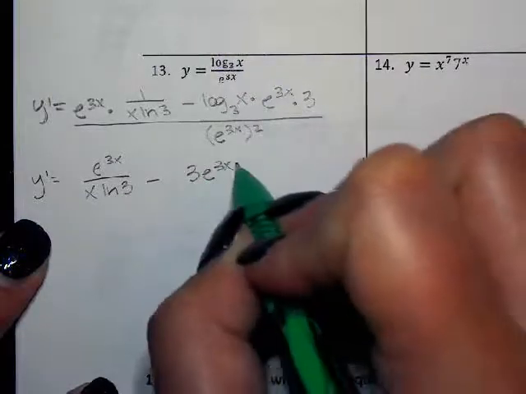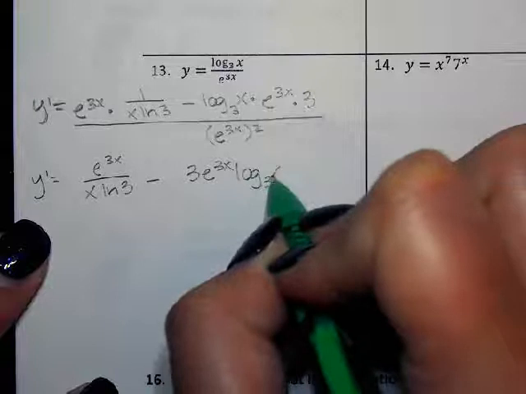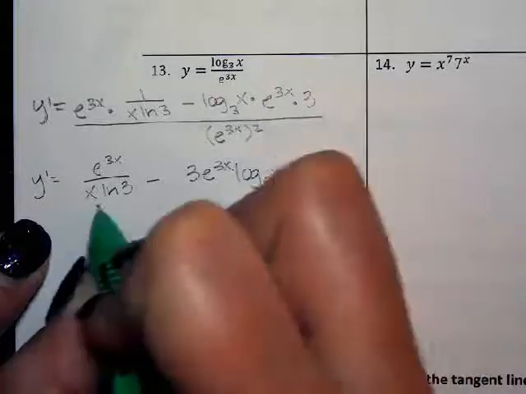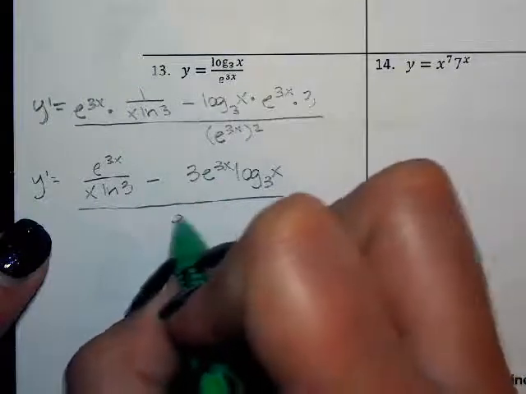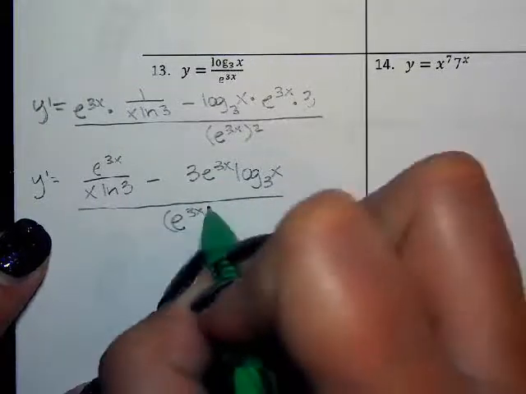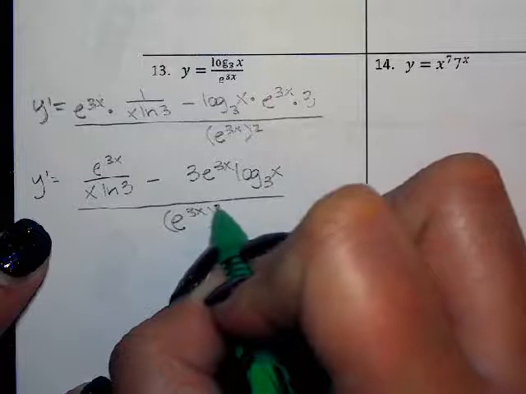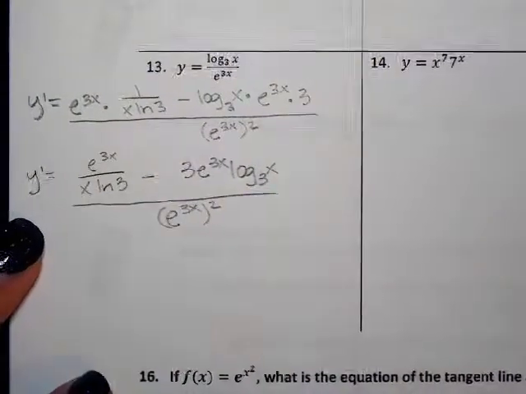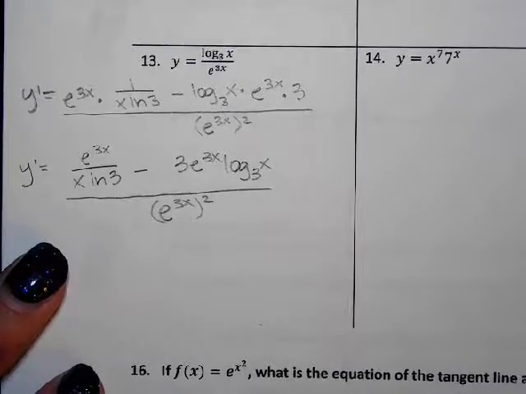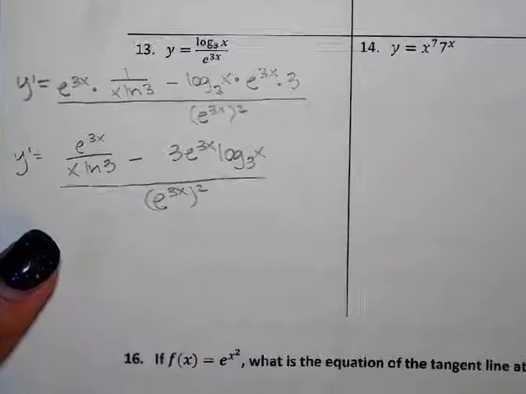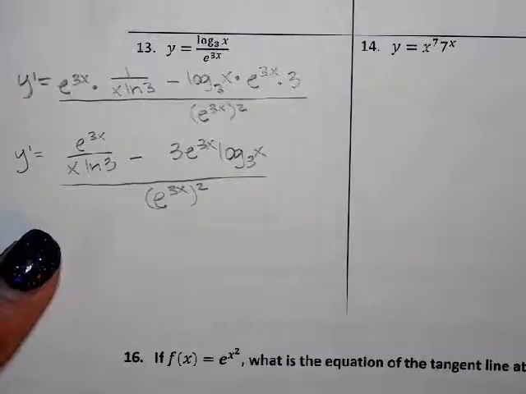I'm going to leave this as e to the 3x squared because we have so many e to the 3x's, and I don't want to see it as e to the 6x and have a hard time in the future simplifying. Okay. What can we do to make it not a complex fraction anymore?